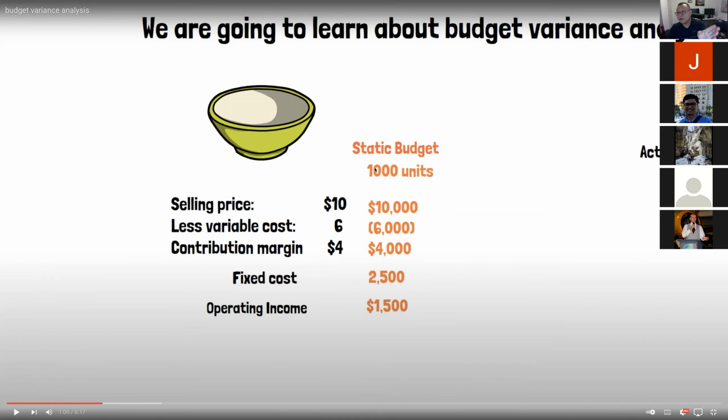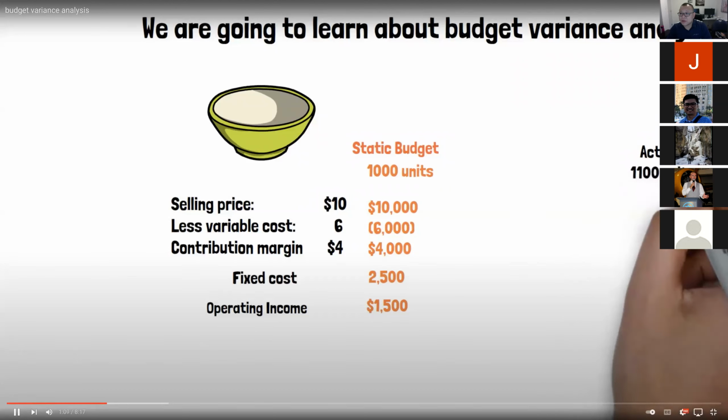You are selling 1,000 units, so the revenue will be 1,000 times $10, which is $10,000. The cost is $6 per unit times 1,000, so 6,000. The fixed cost is 2,500, which is fixed under the static budget. So these numbers on your budget are for 1,000 units.